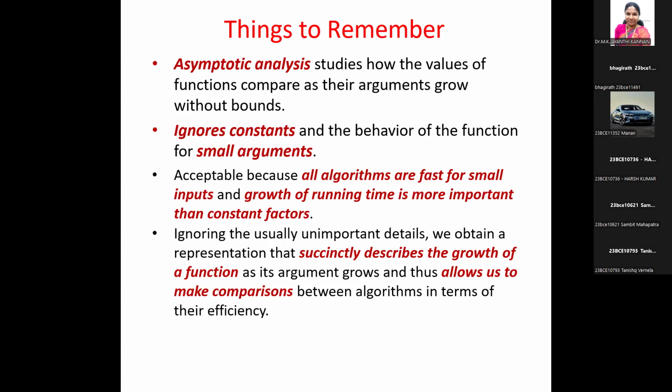If your input is very small, all functions will perform well, because all algorithms are fast for small inputs and growth of runtime is more important than constant factors. Ignoring these usually unimportant details, we obtain a representation that describes the growth of a function as its argument grows, and thus allows us to compare algorithms in terms of efficiency.